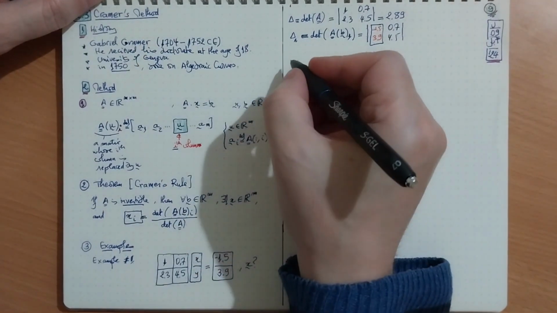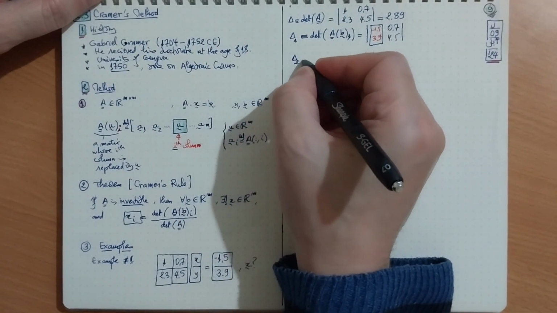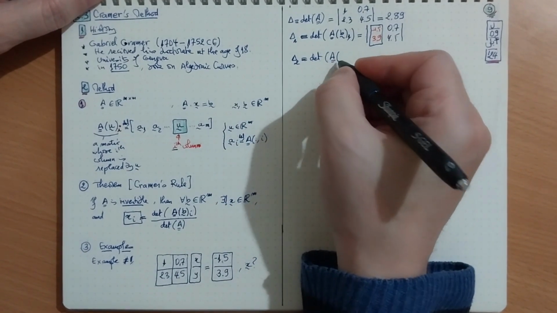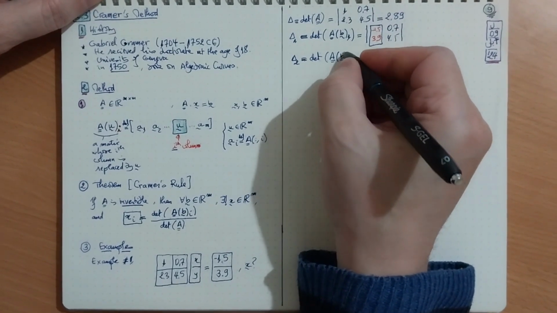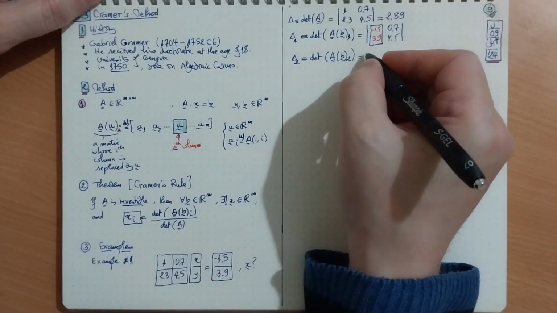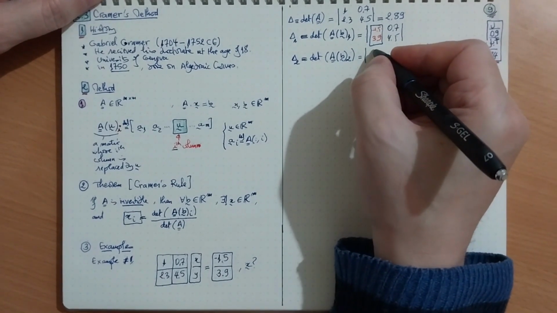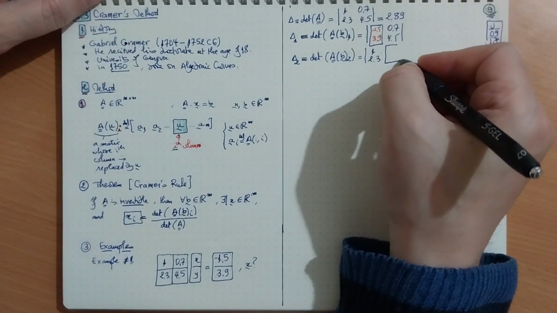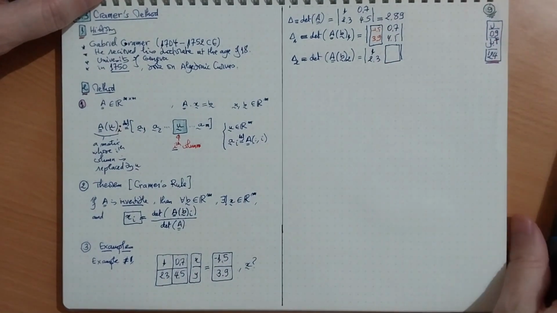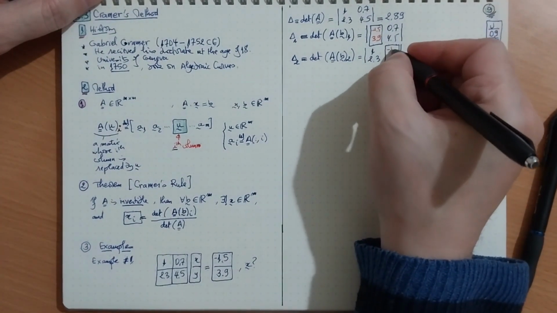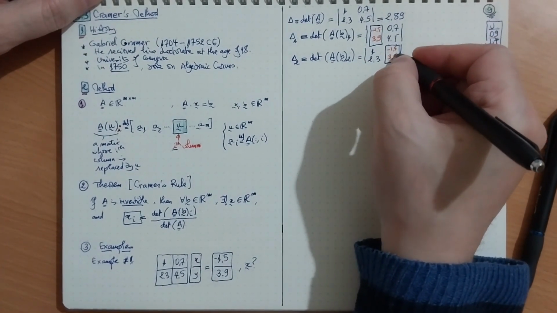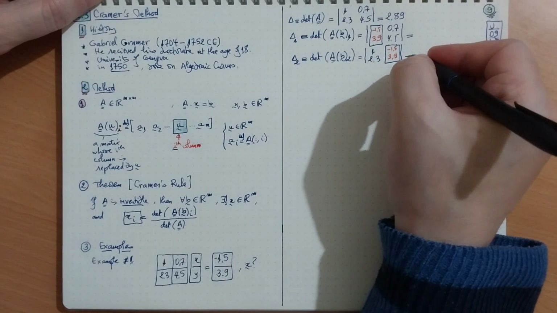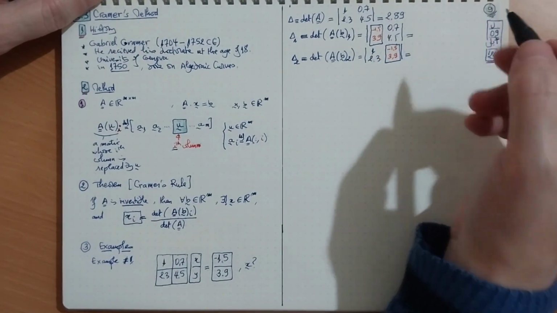And delta 2, by definition, is the determinant of the matrix A, except the second column is replaced by B. So we write the first column from A, but the second column will be replaced by B. It is the same vector here, minus 1.5, 3.9. And we perform the calculation of the determinants as usual.